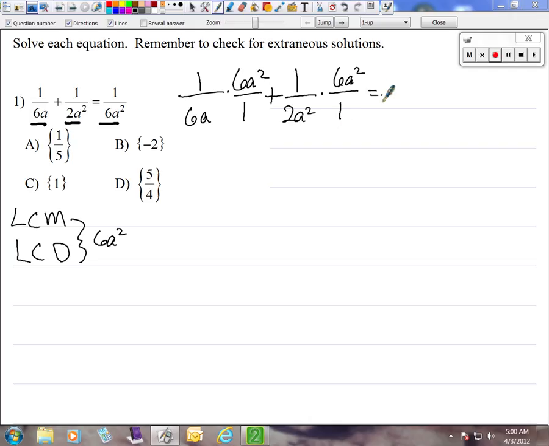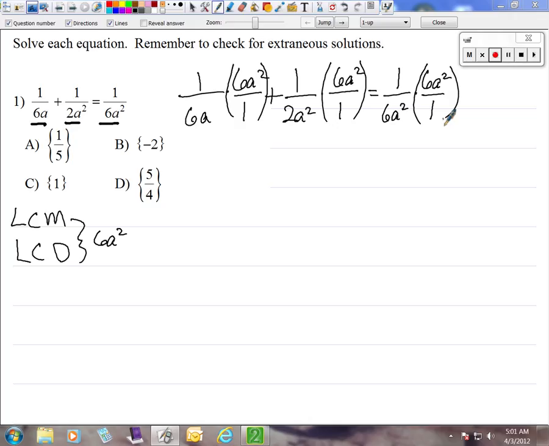And that equals 1 over 6a squared times 6a squared over 1. You could also do this if you want to make it a little bit more of a separation, so you can see that we've done the same thing here to every fraction in the original equation.